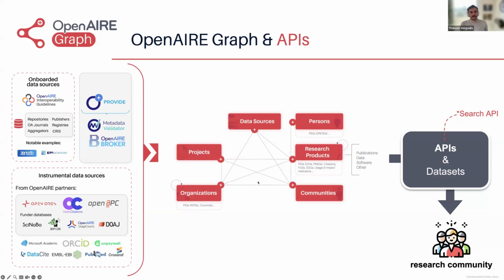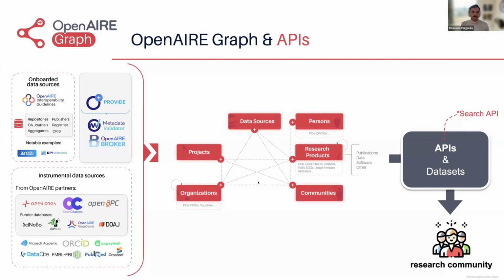So let me explain the previous situation, what was in place before the new APIs. As you know, OpenAIRE is harvesting data from a large number of onboarded data sources, repositories, publishers, journals, aggregators, and so on through Provide, but also OpenAIRE is aggregating data from different important scholarly metadata sources, like, for instance, Microsoft Academic Graph, ORCID, Crossref, DataCite, and so on.